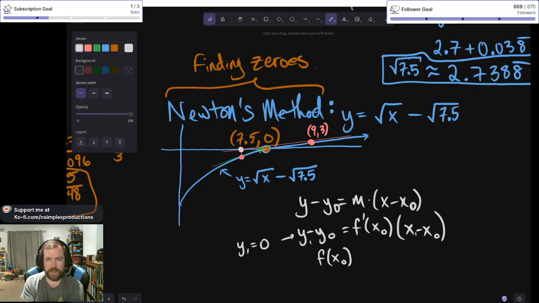So we have the approximation that y0 is going to be 3, x0 is going to be 9, and then our next point is when y1 is equal to 0. And then we have to find what the x1 value is when y1 is equal to 0.